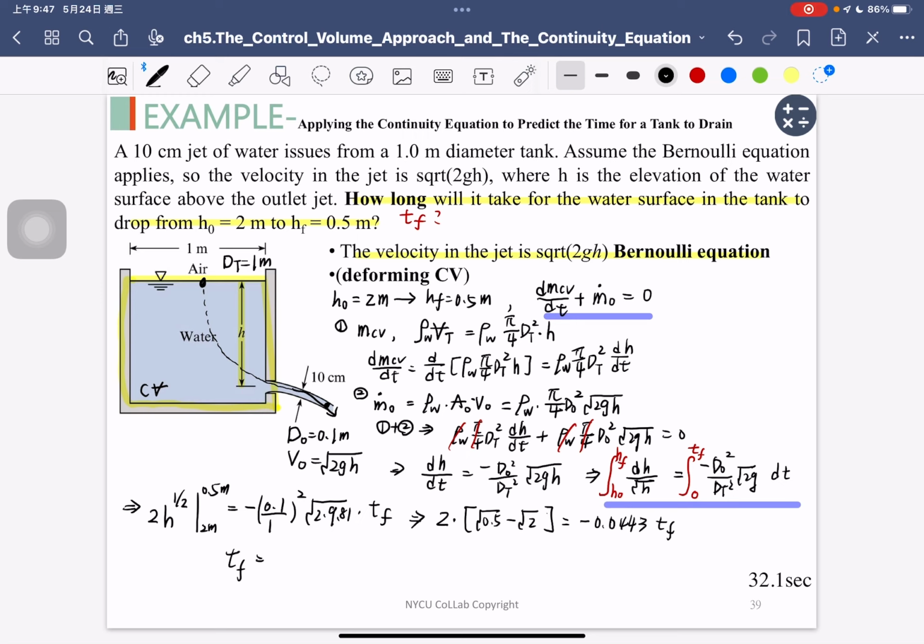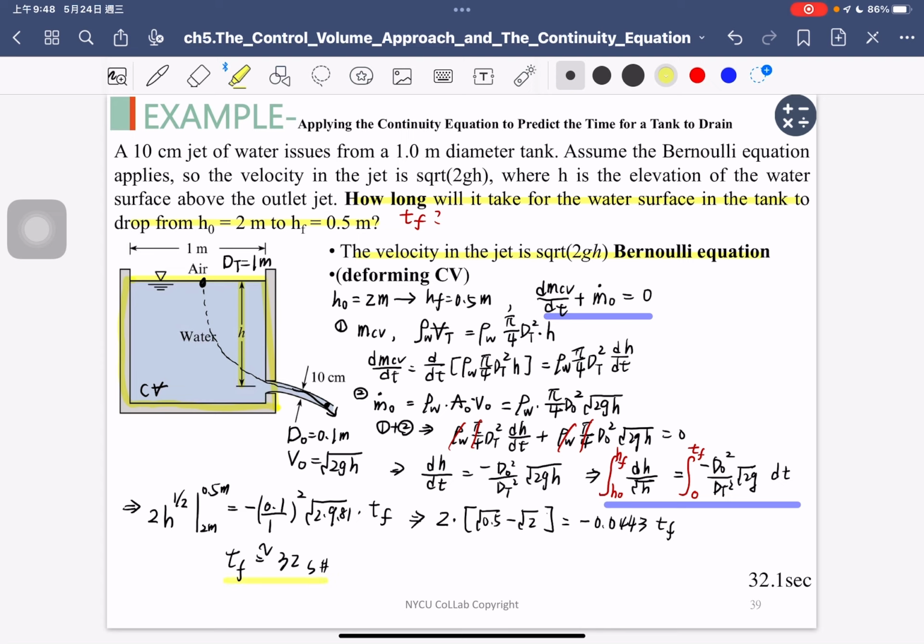So the left hand side is the root 0.5 minus the root 2, and the 2 times, divided by 0.0443. Okay, and the answer is close to about 32 seconds. Okay, you can check from your side. I'm not going into detail here.